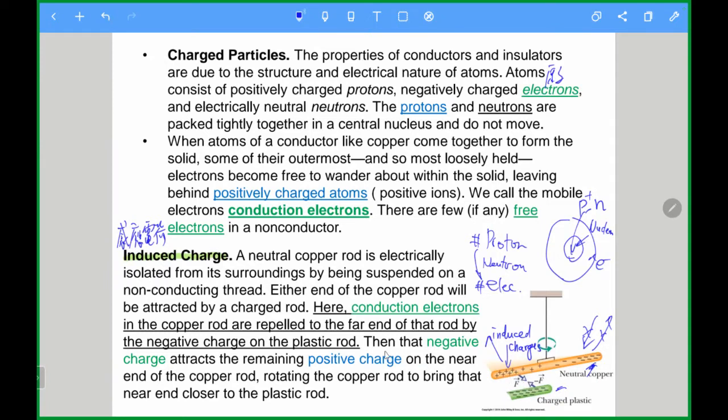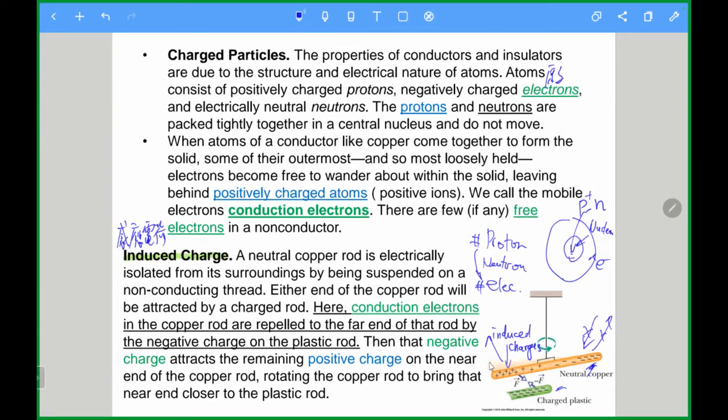So that's another phenomenon, the third setup about induced charge. The previous two setups tell you there is positive charge and negative charge, and here, for the conductor, we will have induced charge.